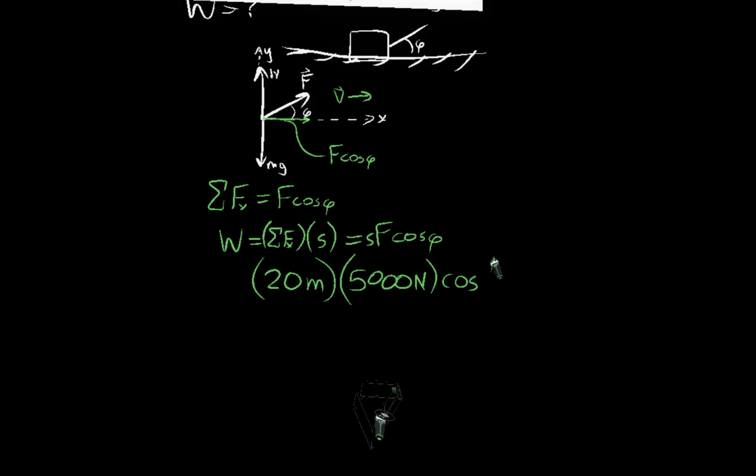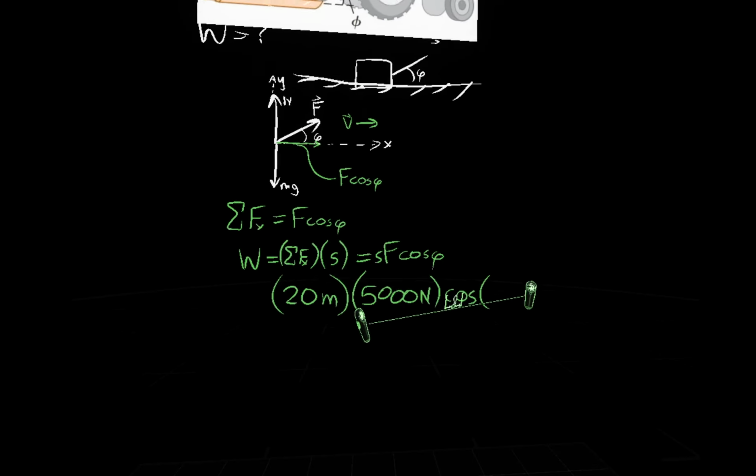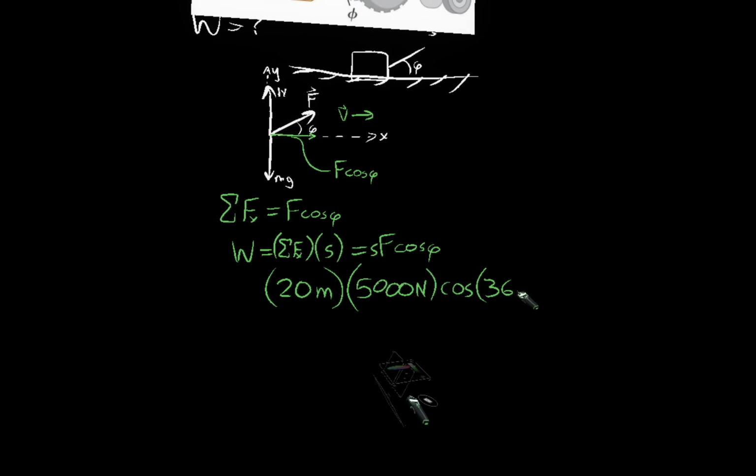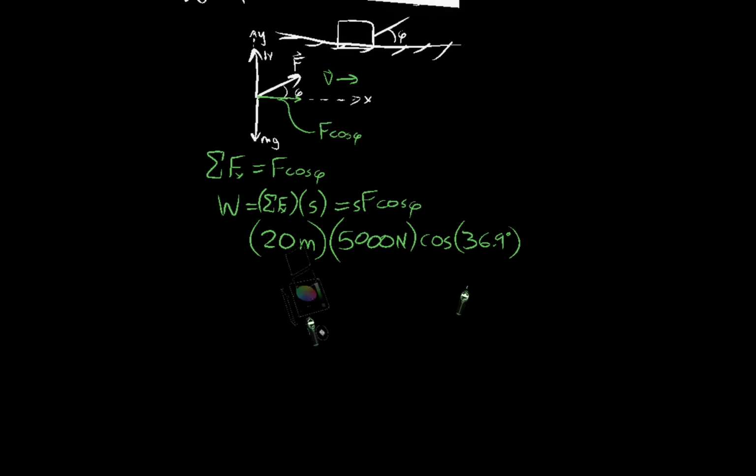Cosine of the angle, which was 36.9 degrees. Make sure you're in degrees and not radians if you're plugging in degrees. And so you should get that the work done is 10,000.